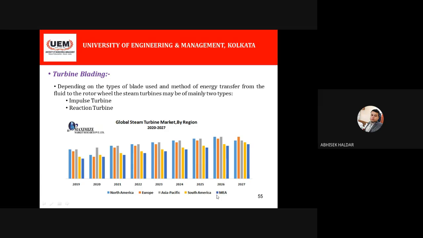And if you see the Middle East, there are different types of renewable energies, right? It may be solar, hydro, or wind. MEA stands for the Middle East countries. If you see the last bar, it is always less. Can you see? What may be the reason behind this?